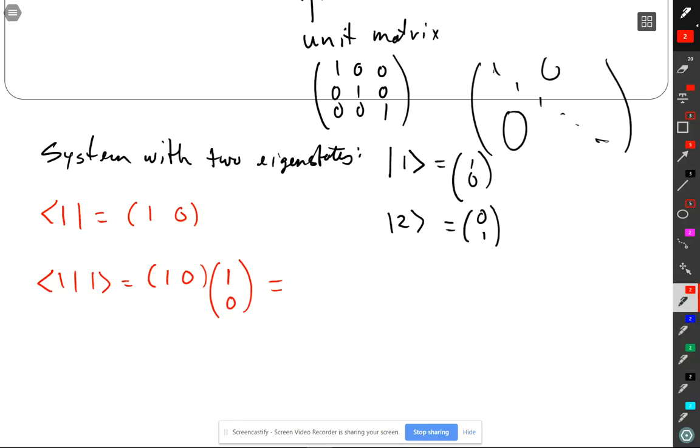This is only one row by one column, so I'm only going to have a 1 by 1, in other words, a single number for my answer. I just multiply in sequence. The first item in the first row by the first item in the first column, 1 times 1 is 1. The second item by the second item is 0. So that's equal to 1. So it's normalized. These are both normalized eigenvectors.